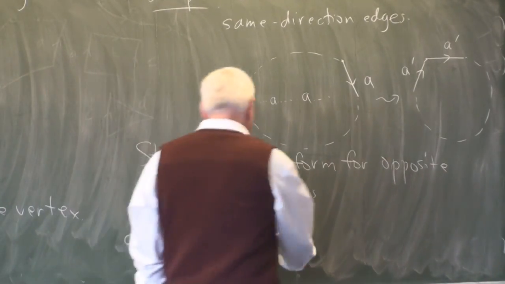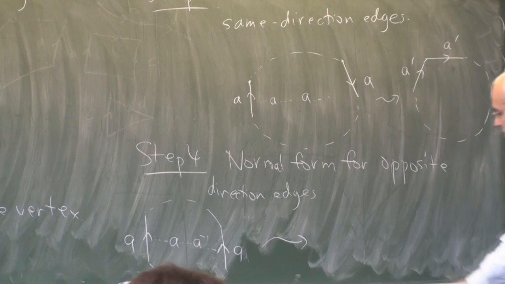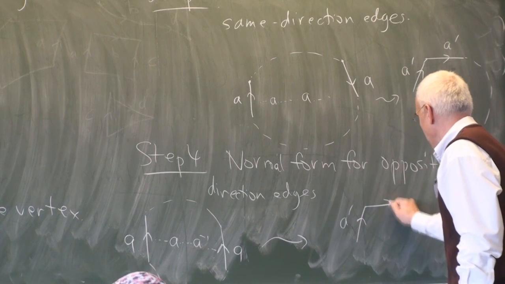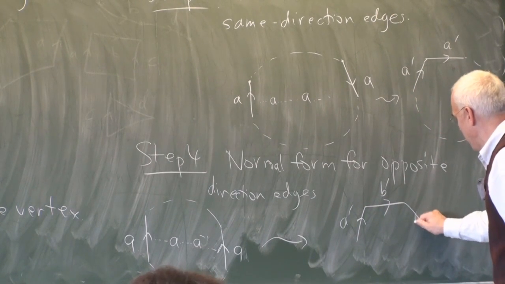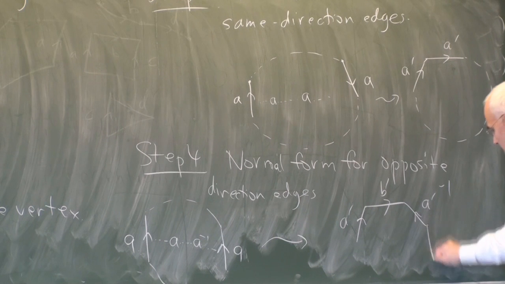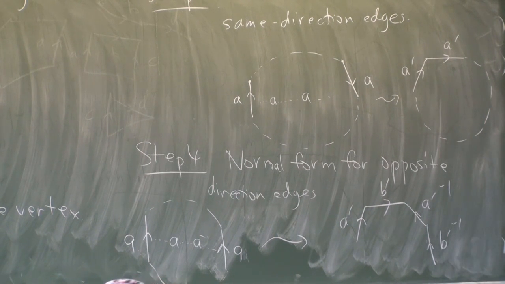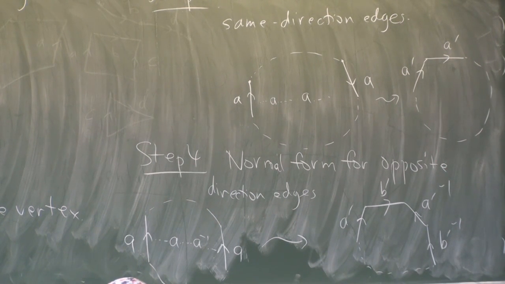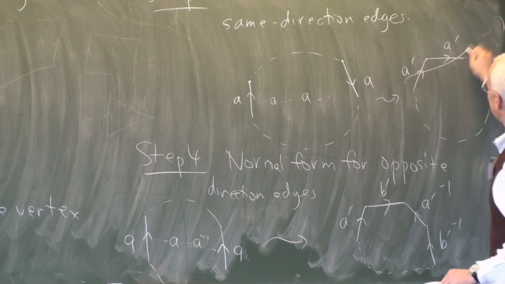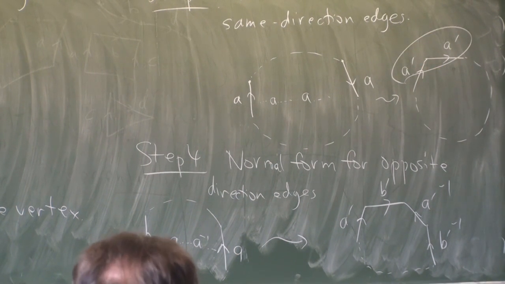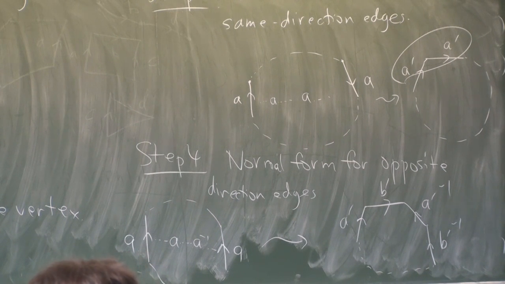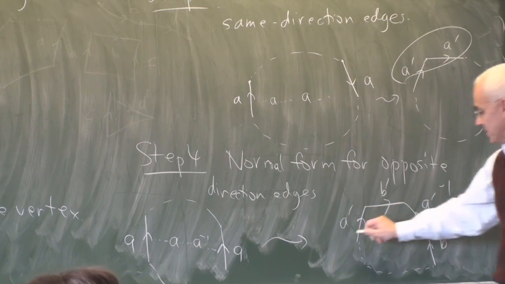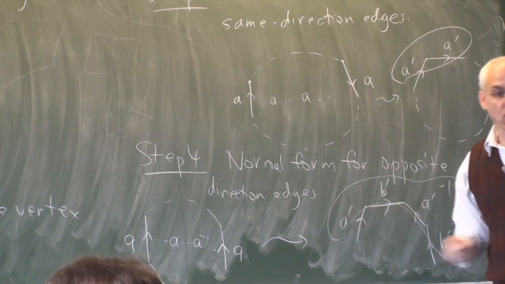What we want to do is replace this kind of situation with something of the form, say, A prime, B prime, A prime inverse, B prime inverse, and some other stuff. So this will be our basic ingredient for the projective planes, the sum of projective planes or sum of crosscaps. And this combination A, B, A inverse, B inverse is what appears in the sum of tori.